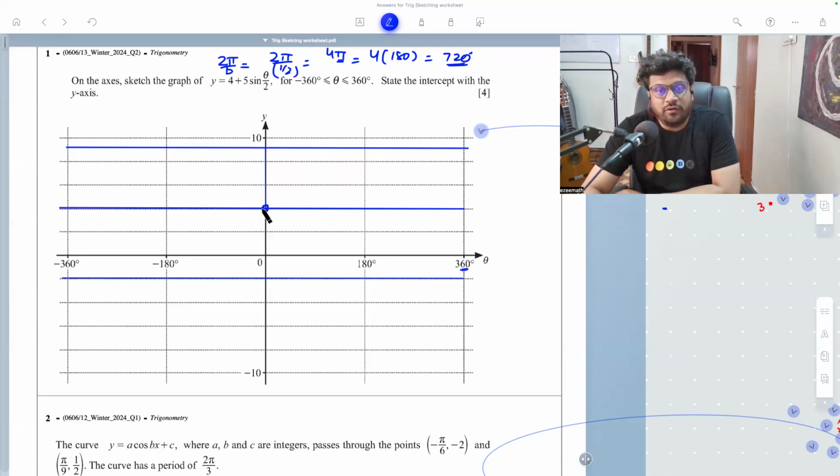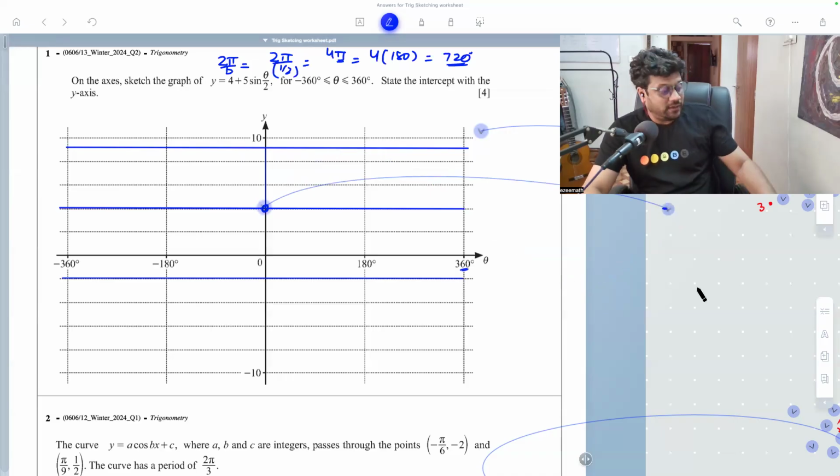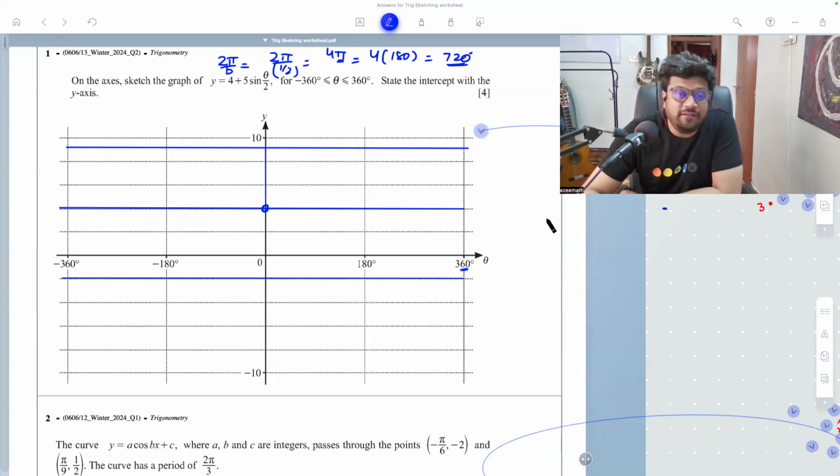So one whole sine wave is going to be seen between 0 and 720. That is what it may have looked like. But I'm only supposed to draw it between negative 360 and positive 360. So this part that I drew doesn't hold any significance.